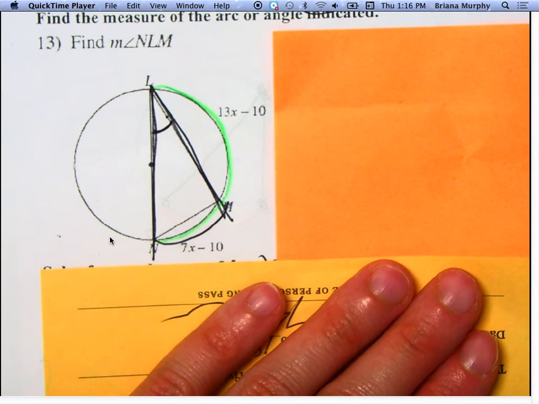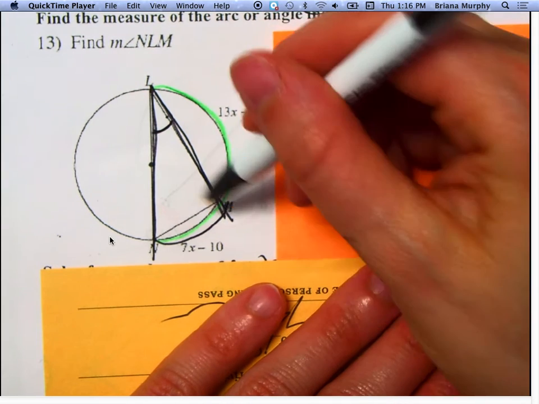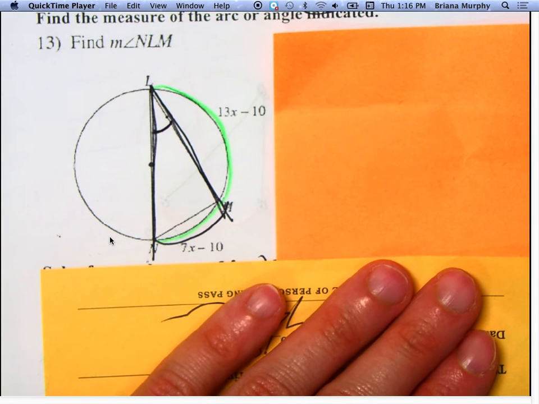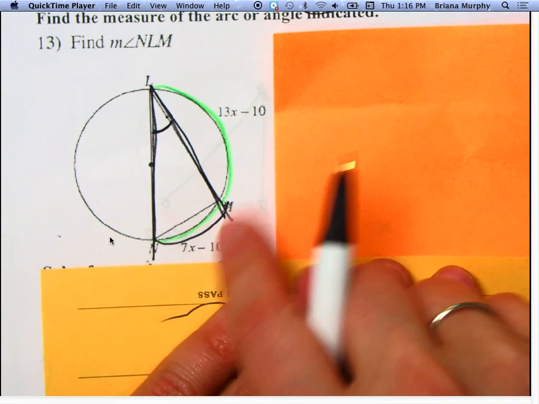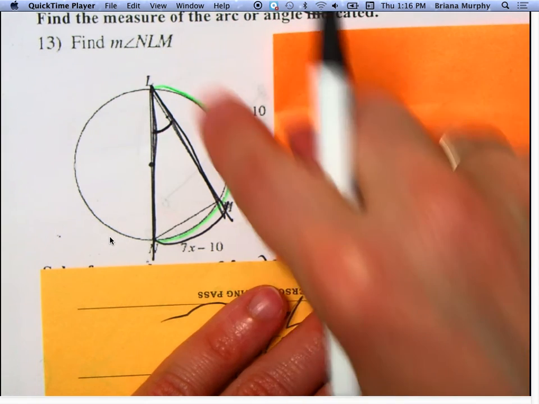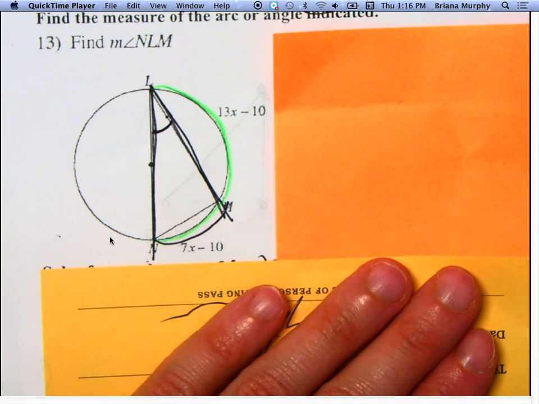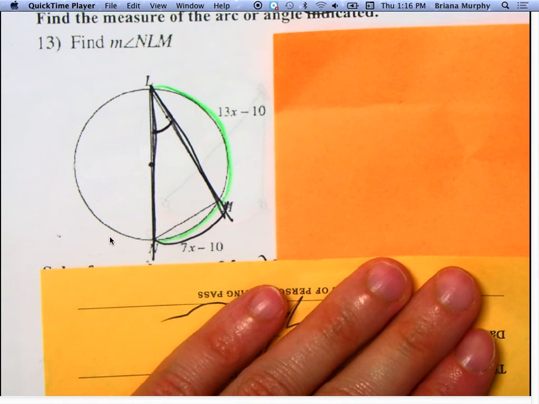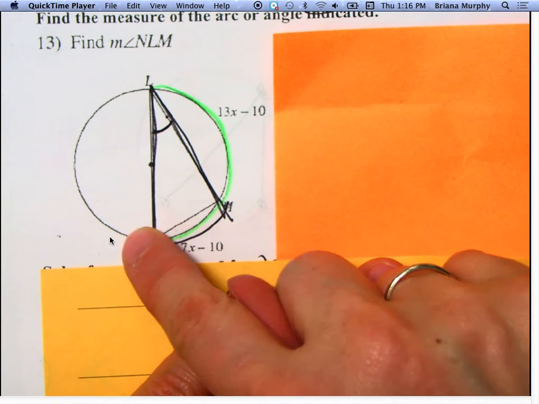Okay. We want to find angle NLM. So this angle right here in black. But I don't know this arc on the outside. I know this other arc over here is 13x minus 10. The one I want is 7x minus 10. What do these form when I add them together?